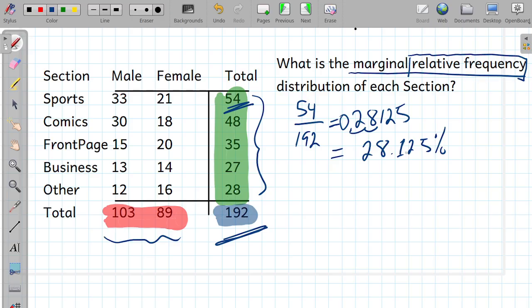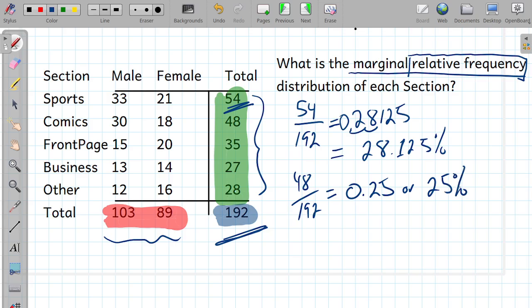Well, we can do this for all of them. The comics section is going to be pretty close, a little bit smaller, because we've got 48 out of 192, and that is 1/4, or 25%.